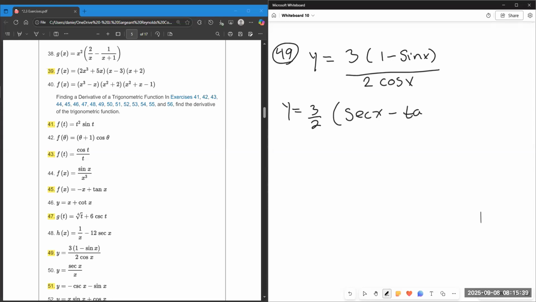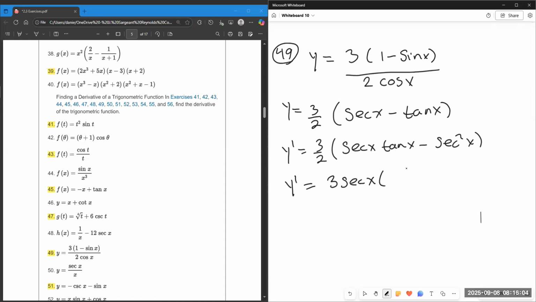Sine over cosine is tangent. So my y prime is 3/2 of the derivative of secant, which is secant tangent, and the derivative of tangent is secant squared. So y prime is 3 secant x times tangent minus secant x over 2.